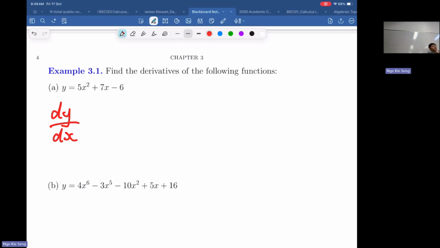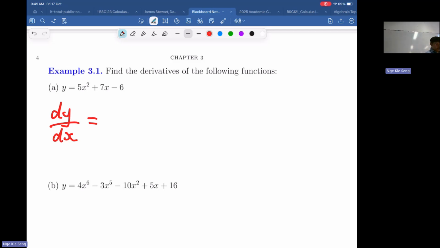Minus 6 is differentiable because it's a constant. 7x is differentiable because it's a scalar times a differentiable function x, because dx/dx is 1. And then 5x squared, you can use the power rule. So if you can state all these rules you use, then you are a good student here.